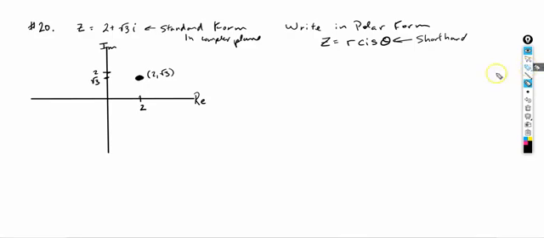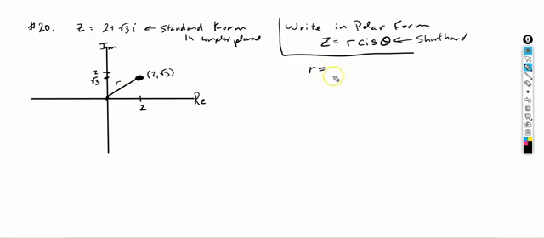Now, we need to find r if I'm going to get this in polar form. So r, by definition, is the distance from the origin to our point. So that's what our r is equal to, that distance.